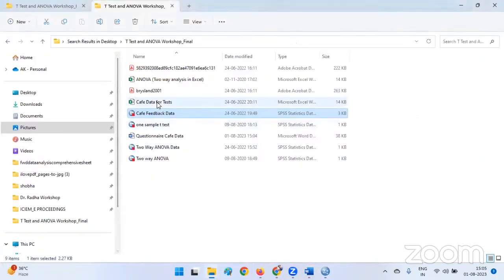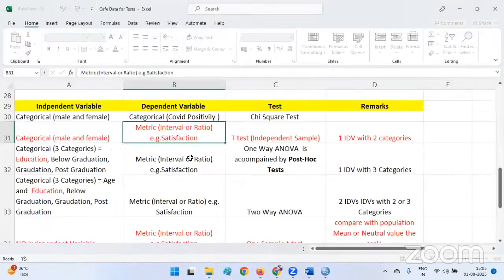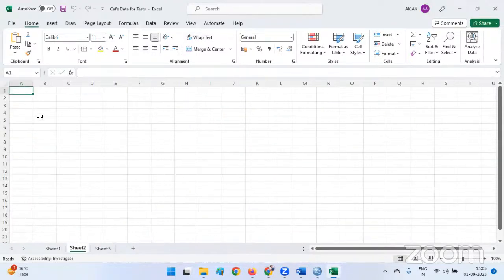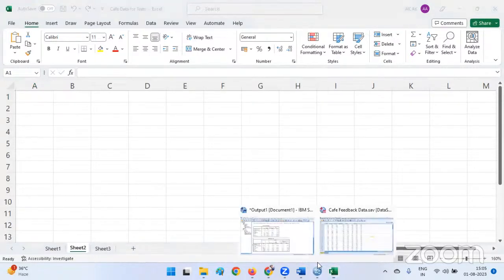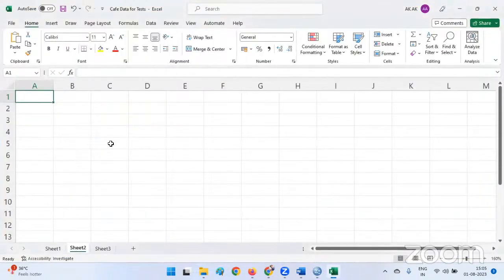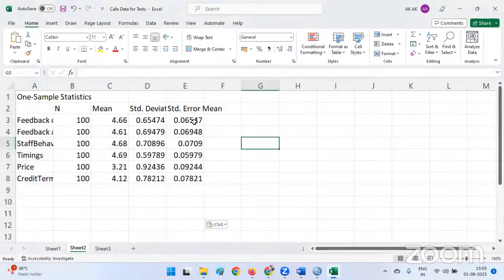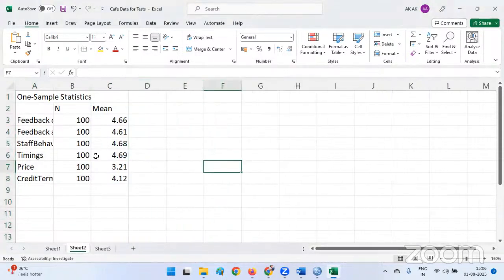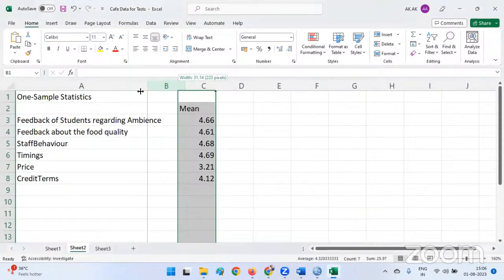Let us open an Excel file. So let's do a small mean difference test. These are the mean values. I paste the mean values here. I delete the extra material, and these are the mean values for all the variables.